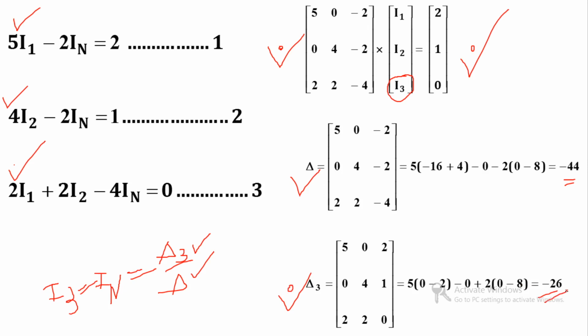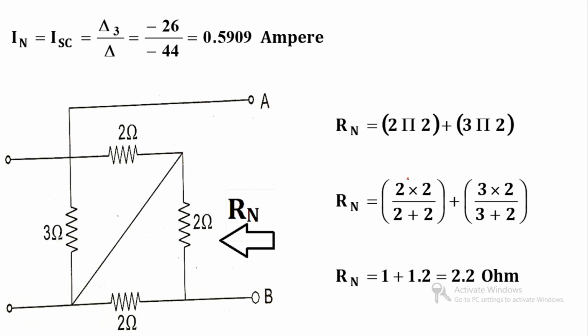So my I3 or IN or ISC is equal to delta 3 by delta, that means minus 26 upon minus 44, which is equal to 0.5909 ampere. So this is my final answer of Norton's current or short circuit current.